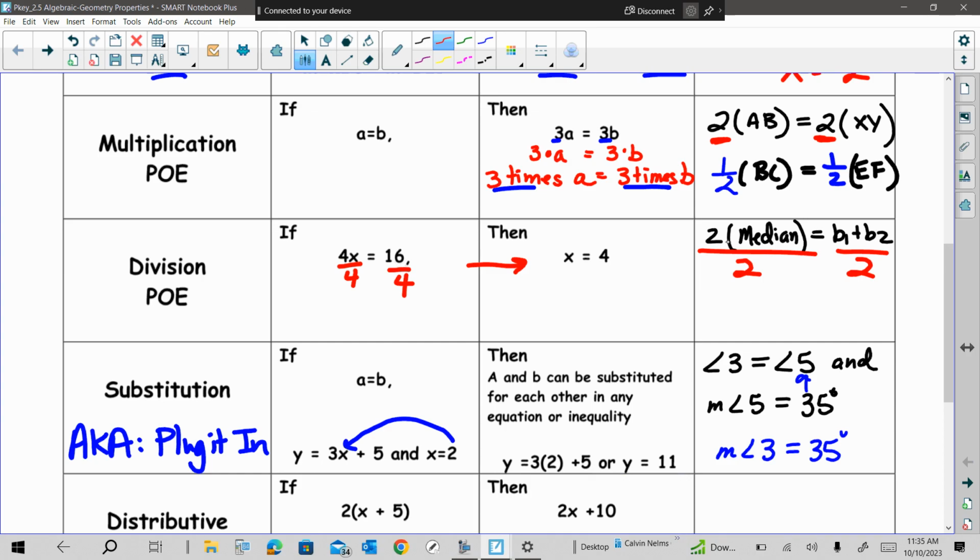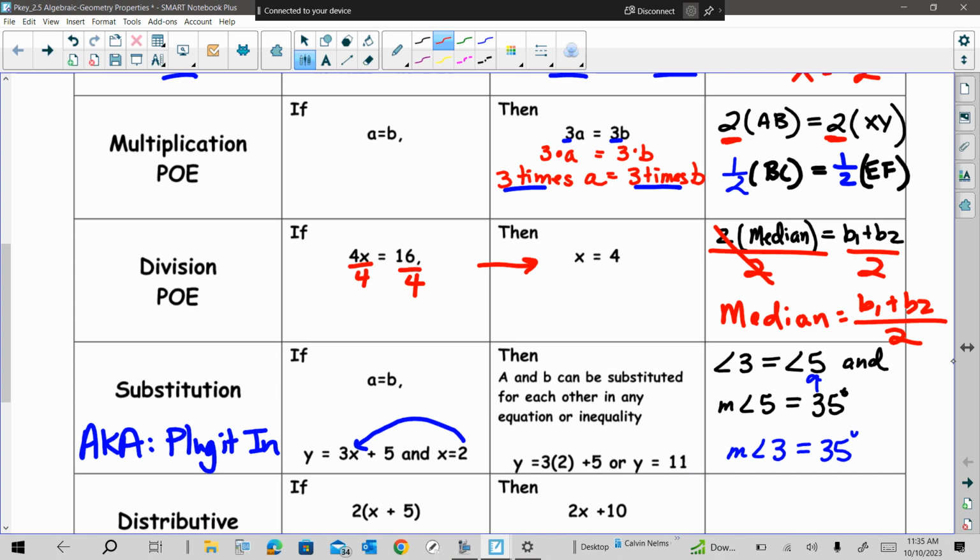So show that on your notes. This would cancel out that 2 in the front, and we get the formula for the median. The median equals base 1 plus base 2 divided by 2. So basically, we're doing the average of the sum. If there's 2 parts and I divide it by 2, that's taking the average.